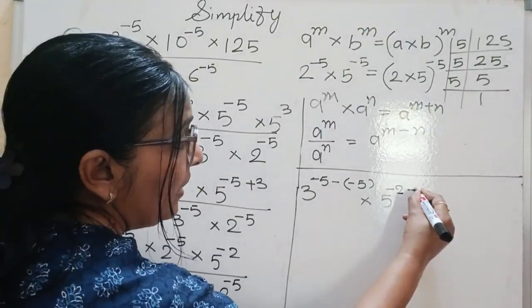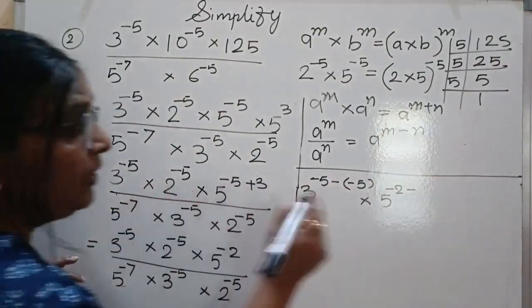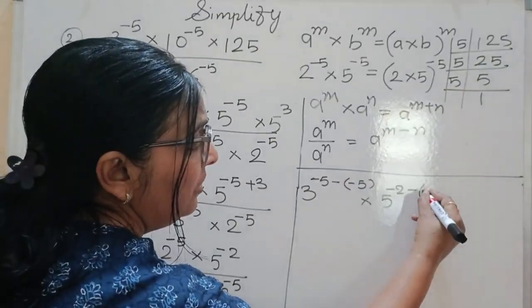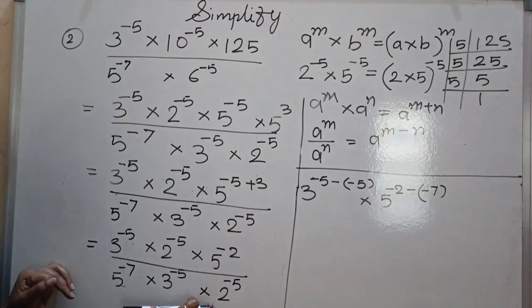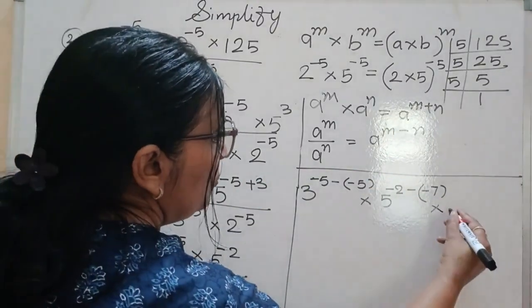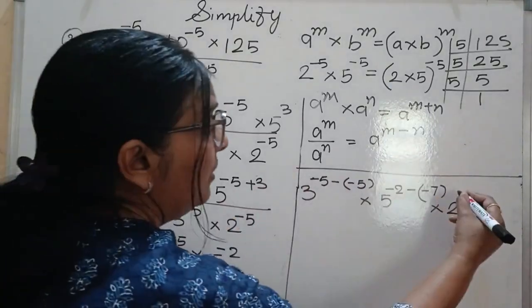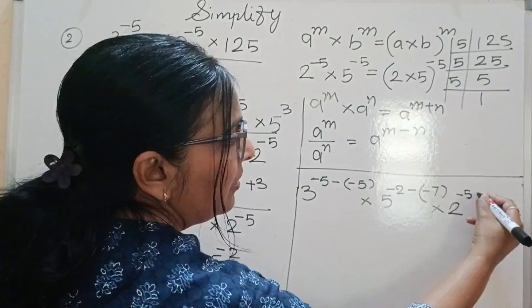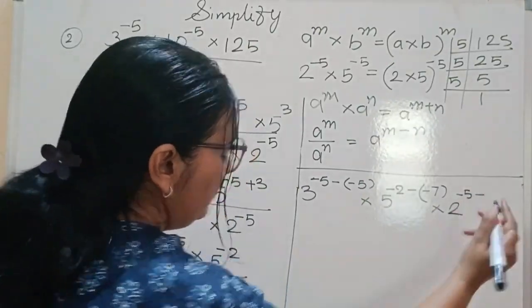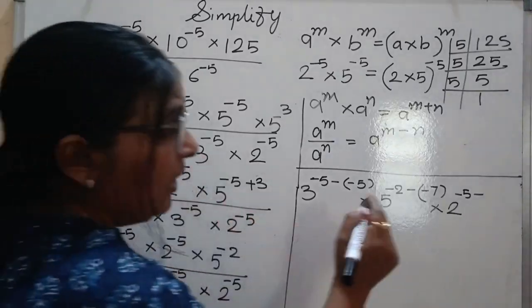Minus 2, minus sign, this middle sign, and in bracket, 5 raised to minus 7 is here in denominator, therefore minus 7. Now, next for 2, into 2. 2 raised to, what is in numerator? 2 raised to minus 5. Got it? Middle sign, minus sign, and what is in denominator? 2 raised to minus 5.